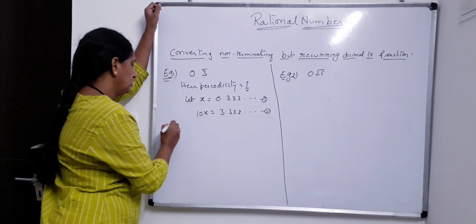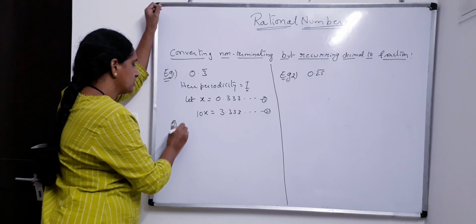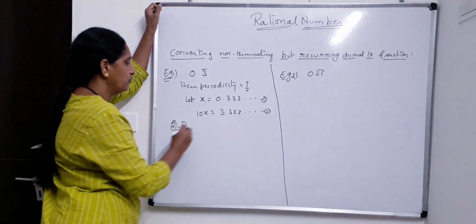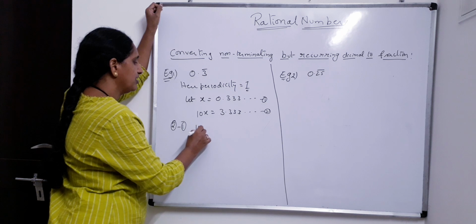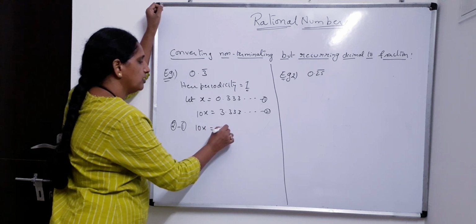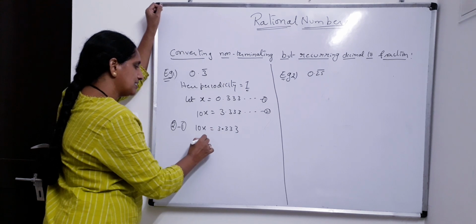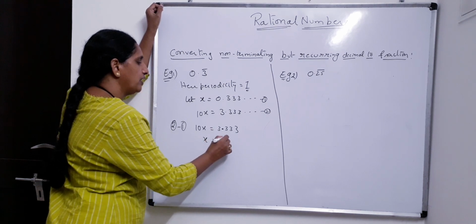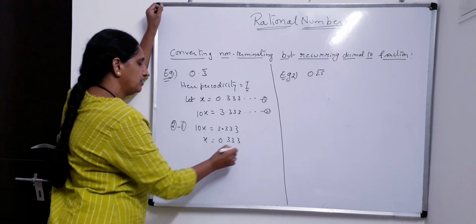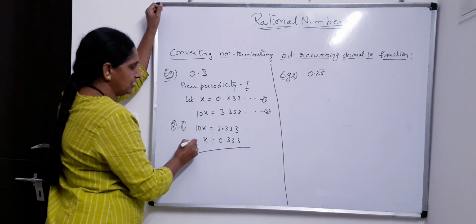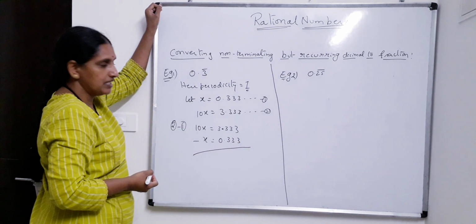Right. So now doing equation 2 minus 1. So what do we get? First we write 10x is equal to 3.333. Then x is equal to 0.333. Subtract this one from this.